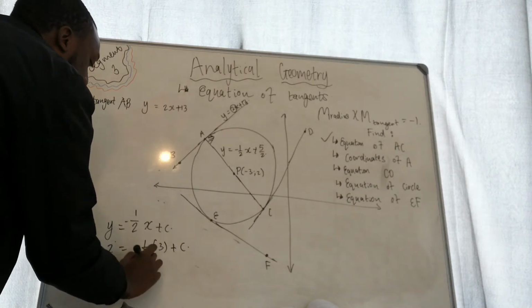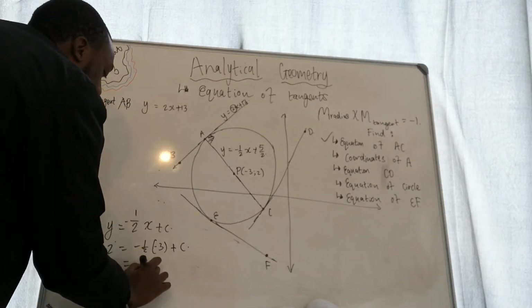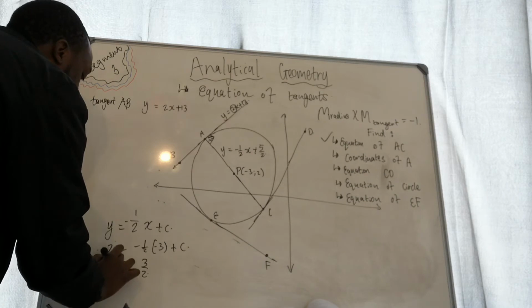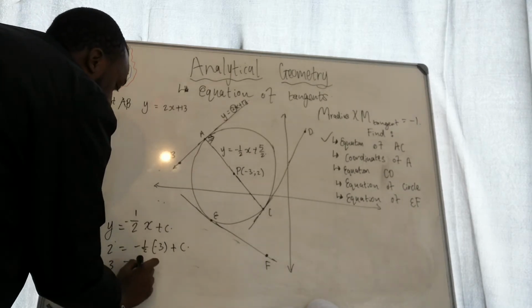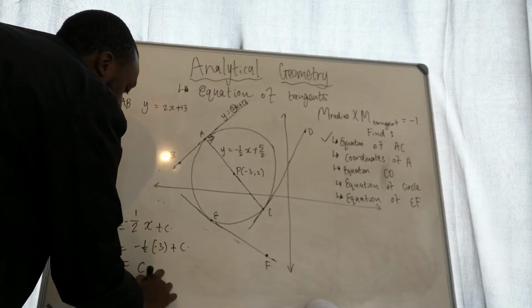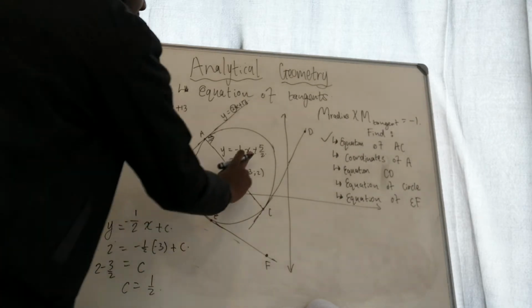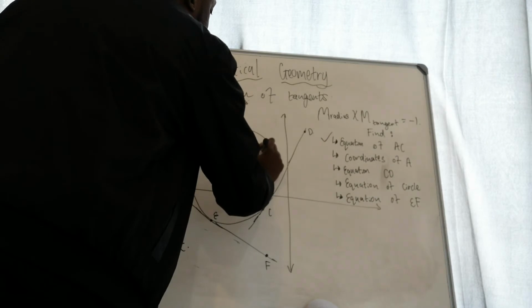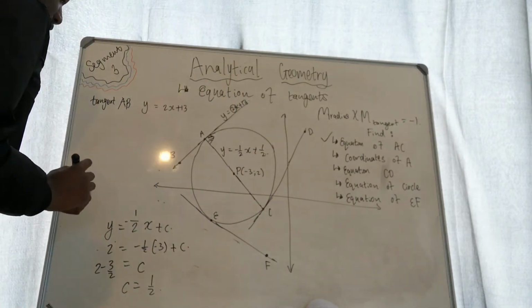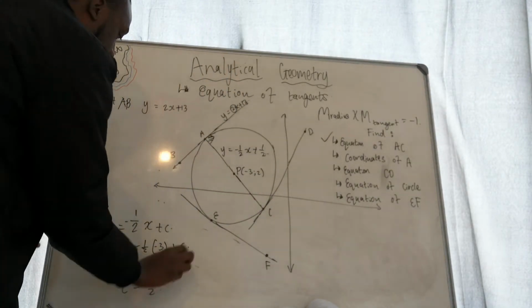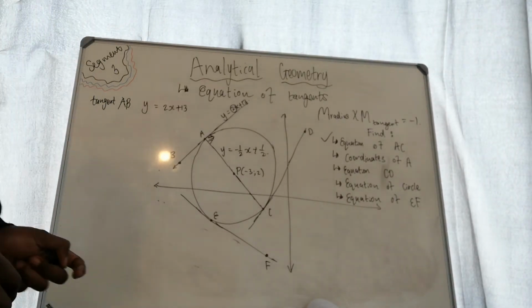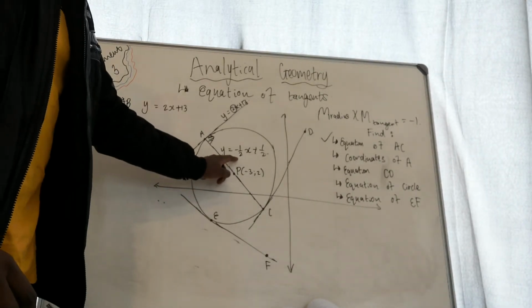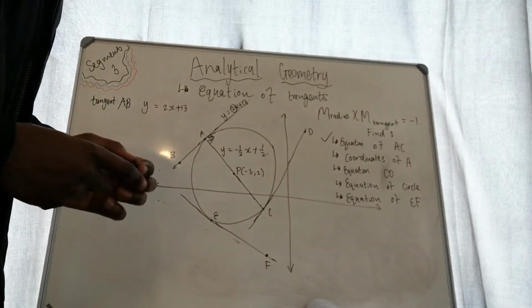This gives me a positive, and so when it goes to the other side, it gives me a negative. Sorry. So c is actually a half. I'm sorry, so this here is a half like that. Oh, it's a good thing I noticed that. So we got a half. There's our equation of AC. We're done with question 1.